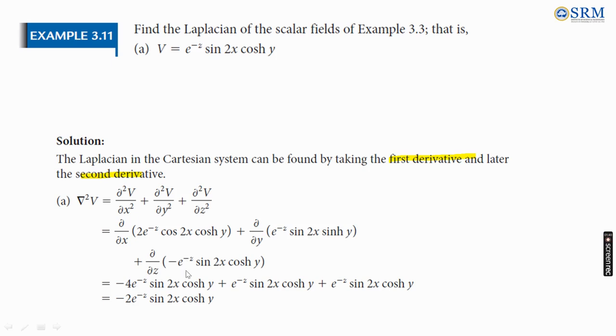And here with respect to z, I will get minus e power minus z into minus 1. So minus minus turns out to be plus e power minus z sin 2x cosh y. If I see, all the terms have the same quantities but different magnitudes. So if I do the summation, minus 4 plus 1 plus 1, I get minus 2 e power minus z sin 2x into cosh y.